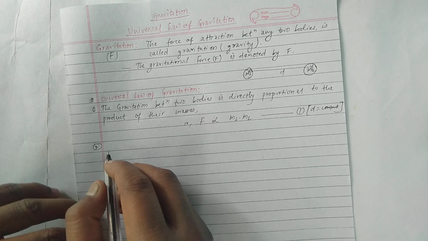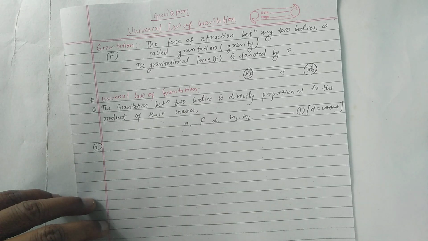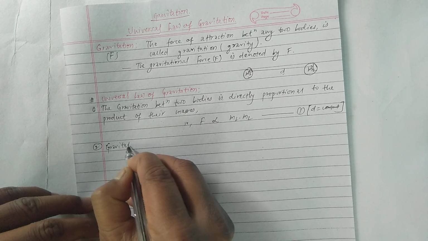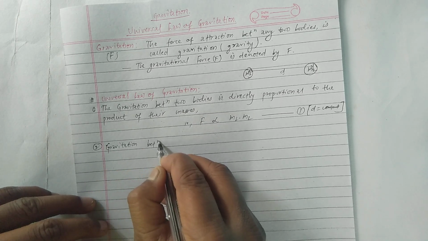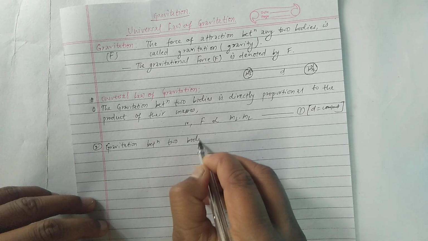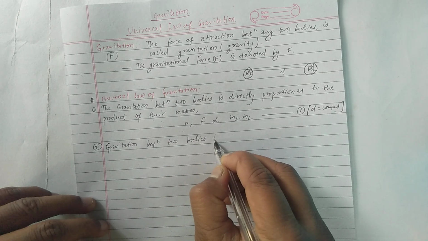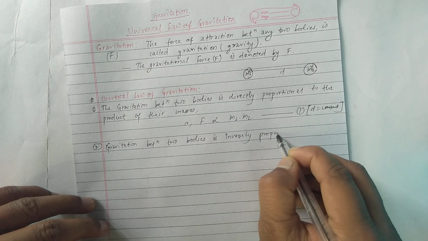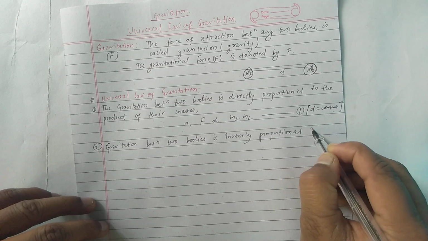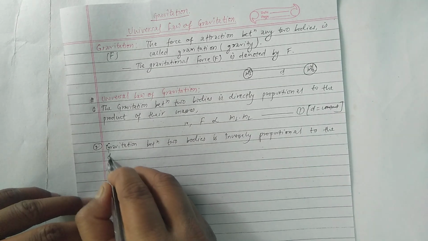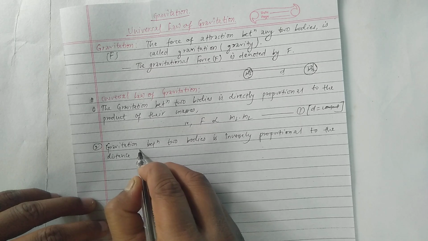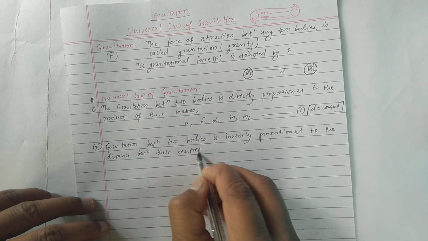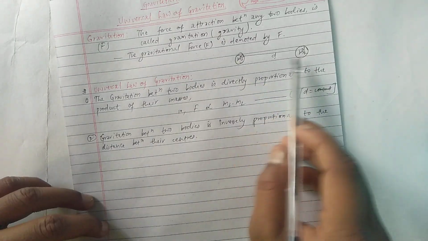In the second law, the gravitation between two bodies is inversely proportional to the distance between their centers. The distance between these two masses is d.